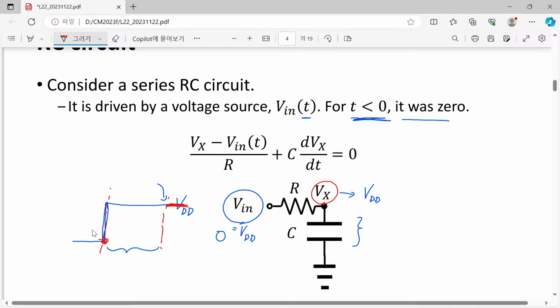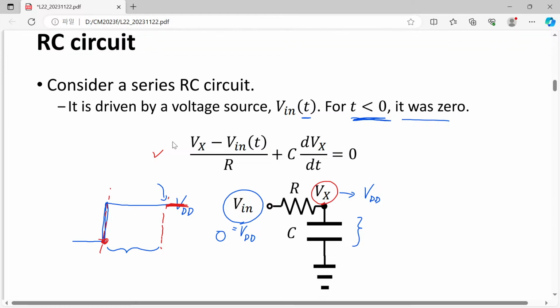So let's go to this equation. It is nothing but Kirchhoff's current law applied to the V sub x node. This term corresponds to the capacitor current, heading in this direction, and we also have the resistor current.